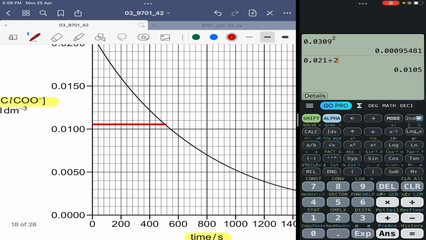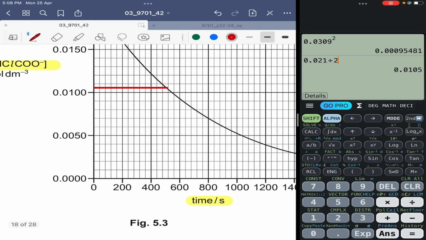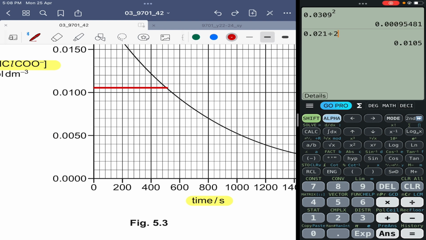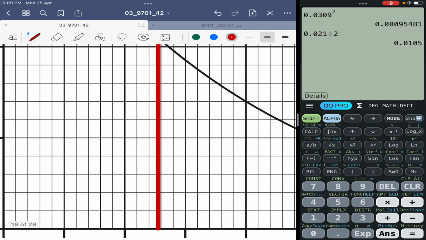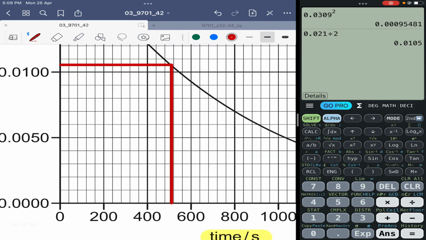And now we have to look at the x-axis where this line cuts the x-axis. This cuts at 440, 460, around 500, right? So this is around 500. So the first half-life is around 500.